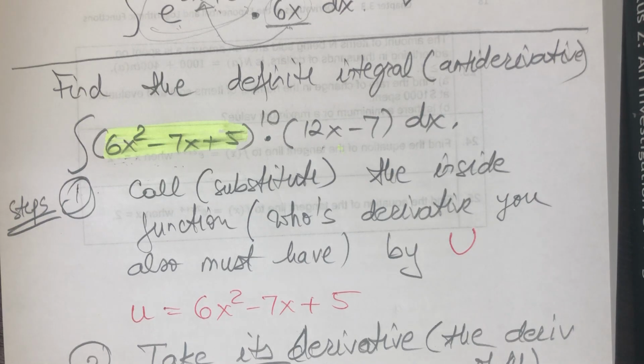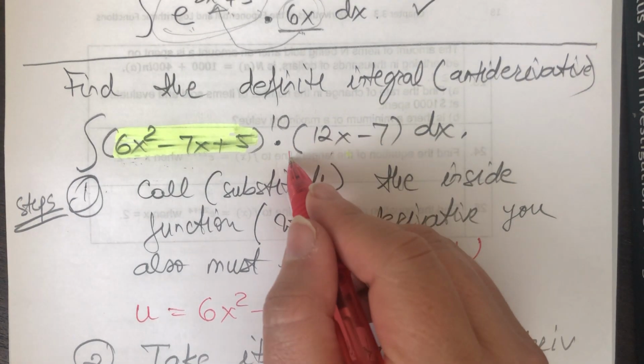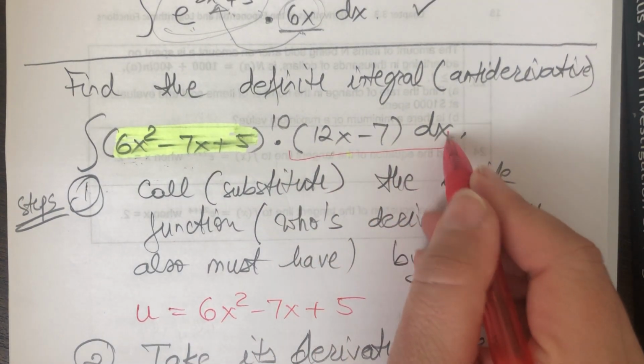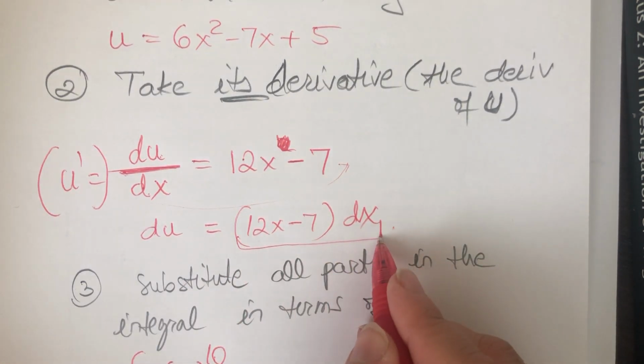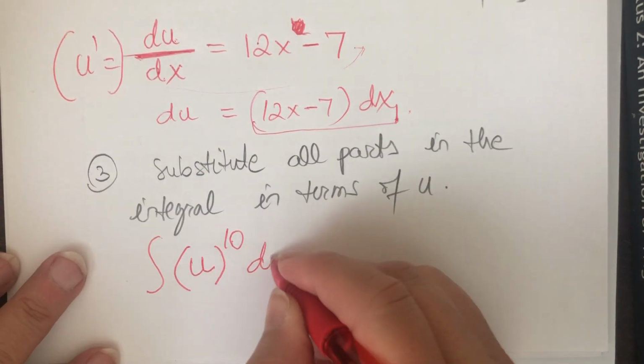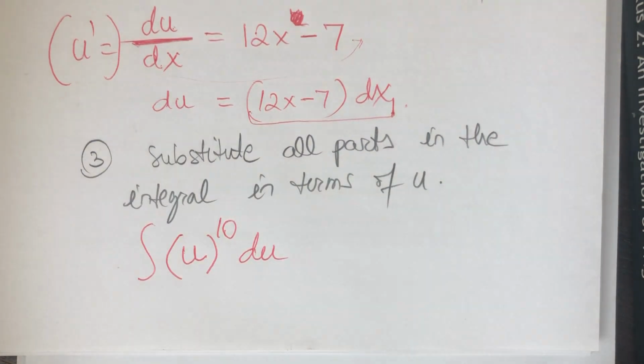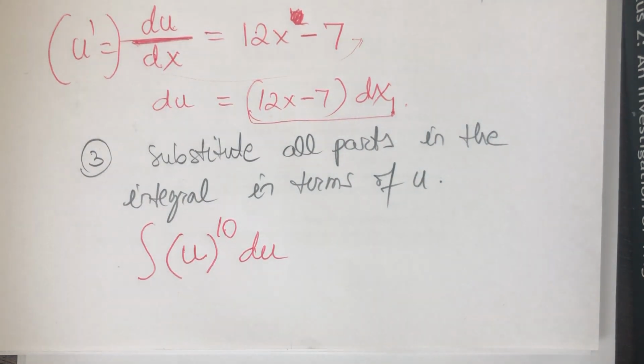What's the second part that you see here? You see 12x minus 7 dx, but what does 12x minus 7 dx equal? That just equals du. Now look at that. Once you have the substitution, you should not see x's and u's combined. It should be one variable only, and that new variable is your u.